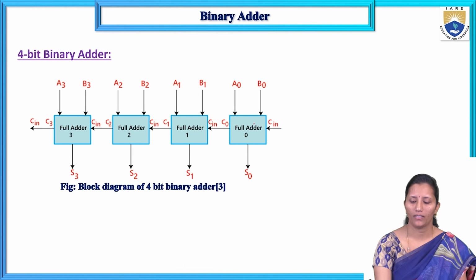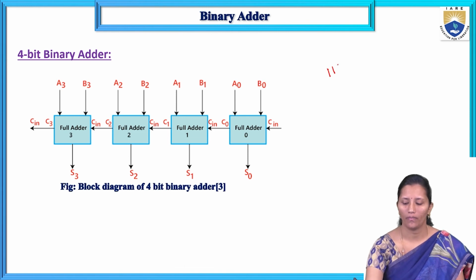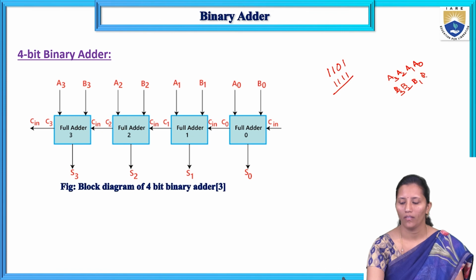For example, I am going to add 1101 and 1111. Here A is a 4-bit number, A3, A2, A1, A0, and B is a 4-bit number, B3, B2, B1, B0.